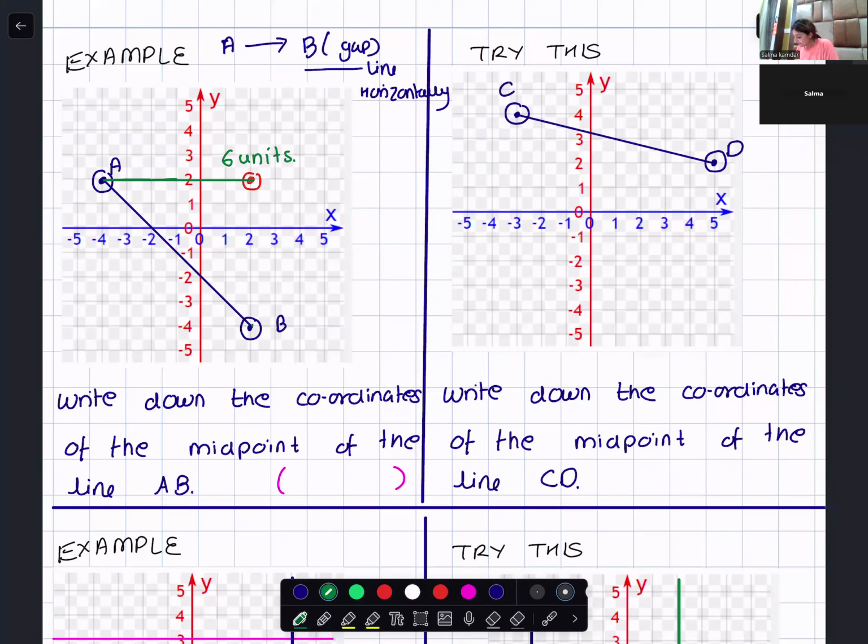Now I will see the point that takes me from A to B downside. A to B horizontally on the x-axis and A to B vertically on the y-axis.